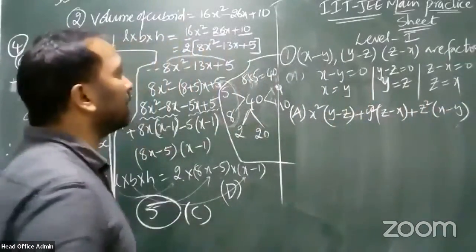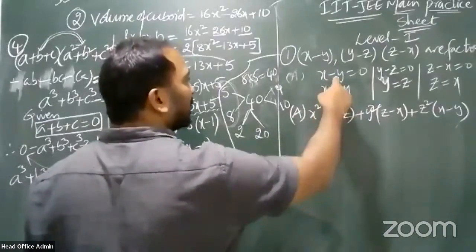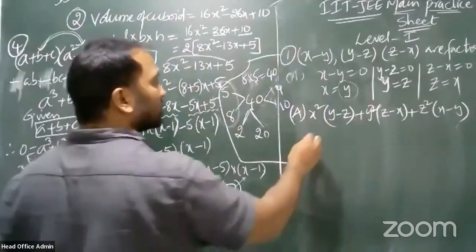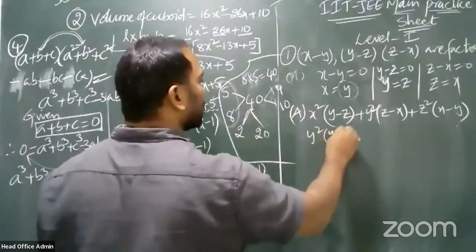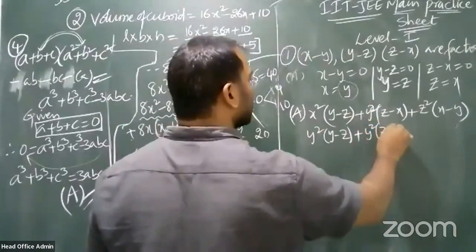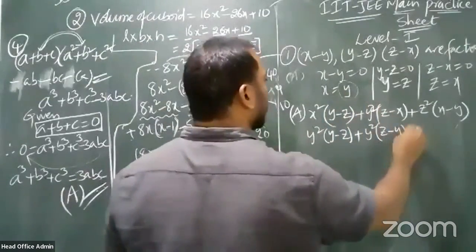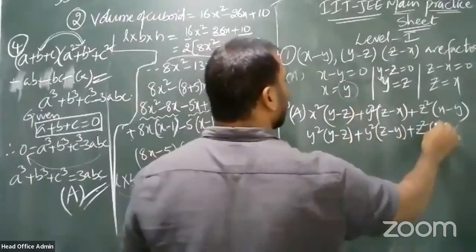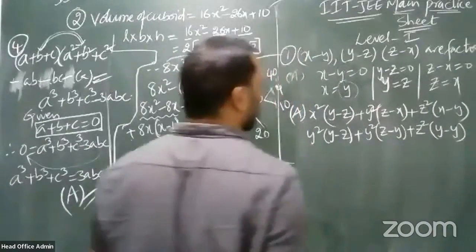First I will take x minus y as a factor. In place of x, I will substitute y. So it will become y square into (y minus z), plus y square into (z minus y), plus z square into (y minus y).